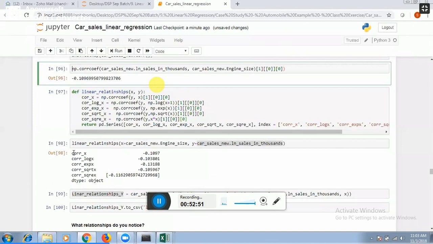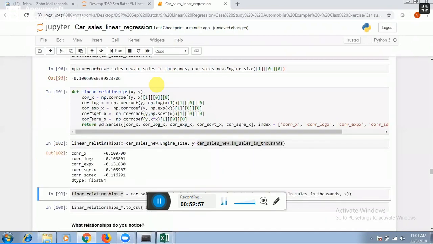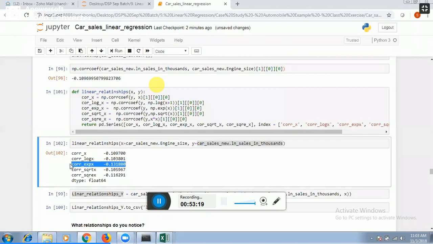No, I'm saying look at all possible things. So for example, here, if you look at this one and this one, which one is the highest value out of all of these? I'm talking about absolute value. The exponential is giving 0.13, and the remaining are 0.10 or 0.11, right? Yes. If the correlation value is high, you can say that a more linear relationship exists.